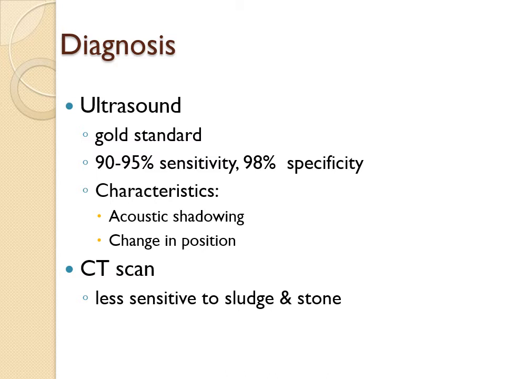Now, the characteristic findings of gallstones on ultrasound are classic acoustic shadowing and a change in position. Usually gallstones would shift in position as compared to gallbladder polyps. So this characteristic is very important for you to differentiate polyp from gallstones.